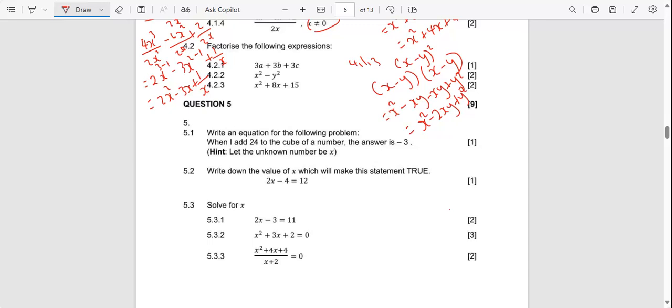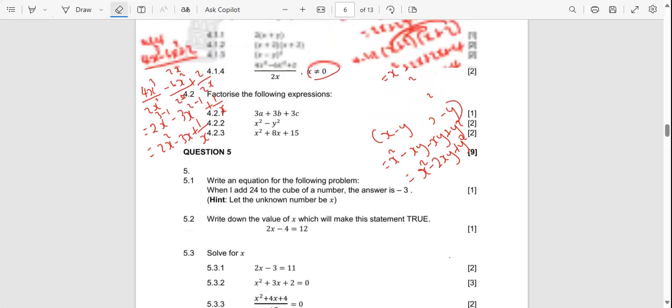Let me quickly rub the board so I can write, so that you guys can see what we are actually doing and won't be confused.